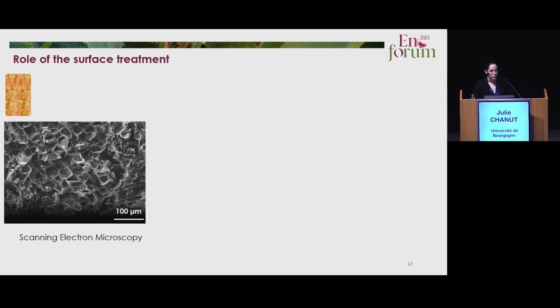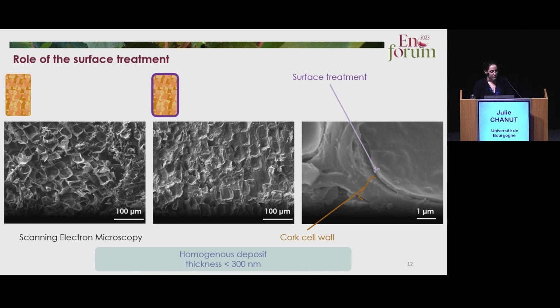Here you see the surface which is untreated first, whereby you have binders and cork on the surface, and then you have treated surfaces, whereby you see that there is a sort of homogeneous deposit on the, again, surface of the sample that was observed. It is rather thin, because you still see the particles of cork underneath.